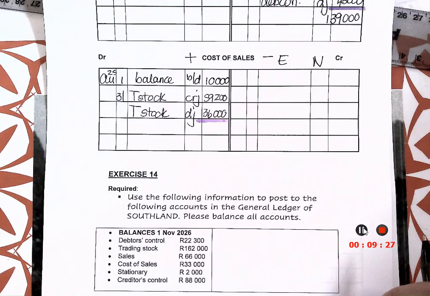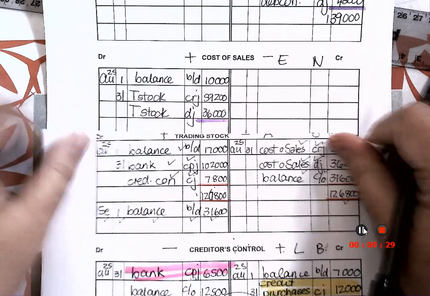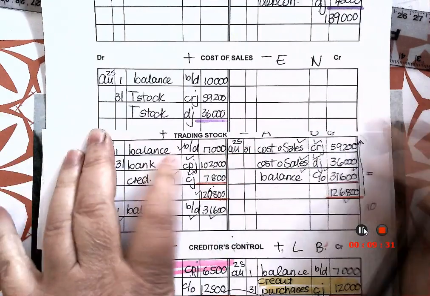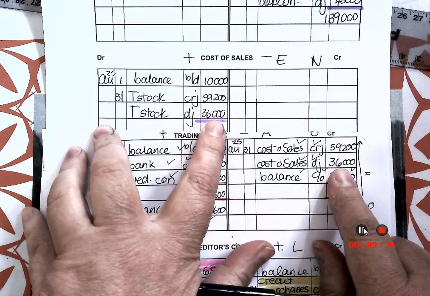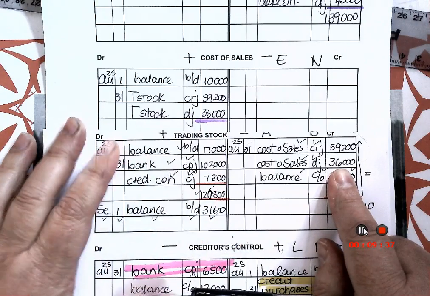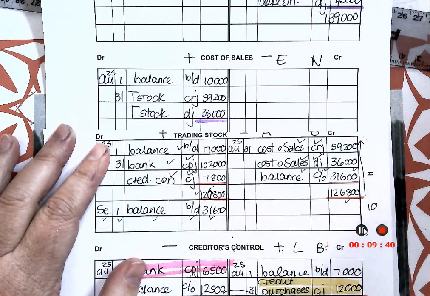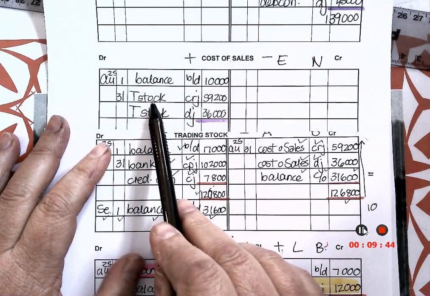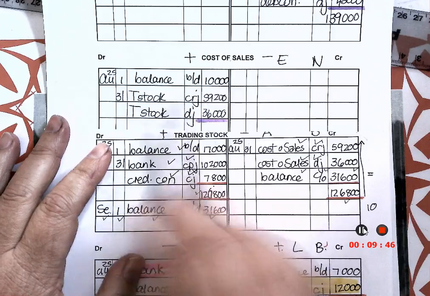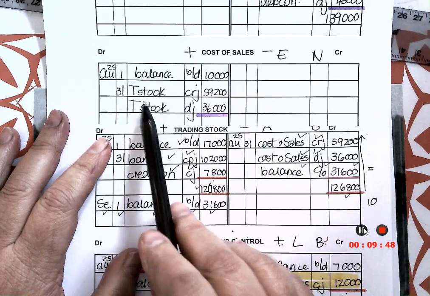Please stop talking. When I look at the trading stock, can you see? 59, 36. Because if I speak Accountanese, this is how I speak. I will say, trading stock will be credited with cost of sales, because here it's on the debit side.